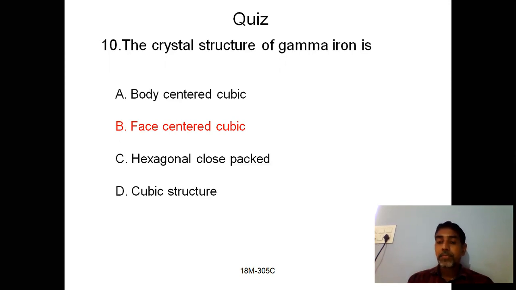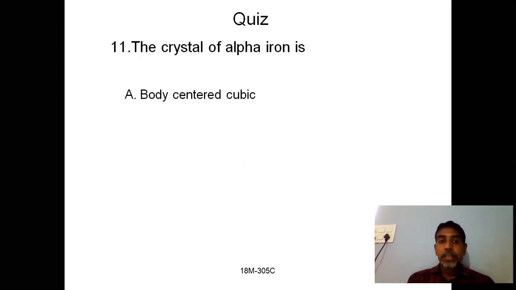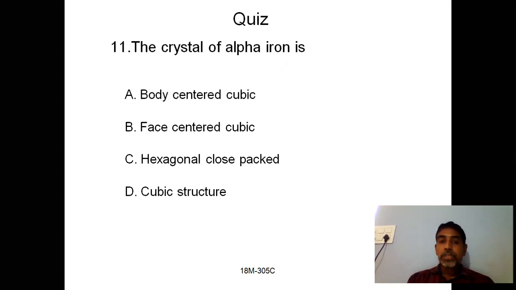And if you see the 11th question, the crystal structure of alpha iron. What is the crystal structure of alpha iron? If you remember those allotropic forms of iron, you can answer this one. You have to visualize the diagram, then only you can answer this type of question. The options are body-centered cubic, face-centered cubic, hexagonal close packed, simple cubic.